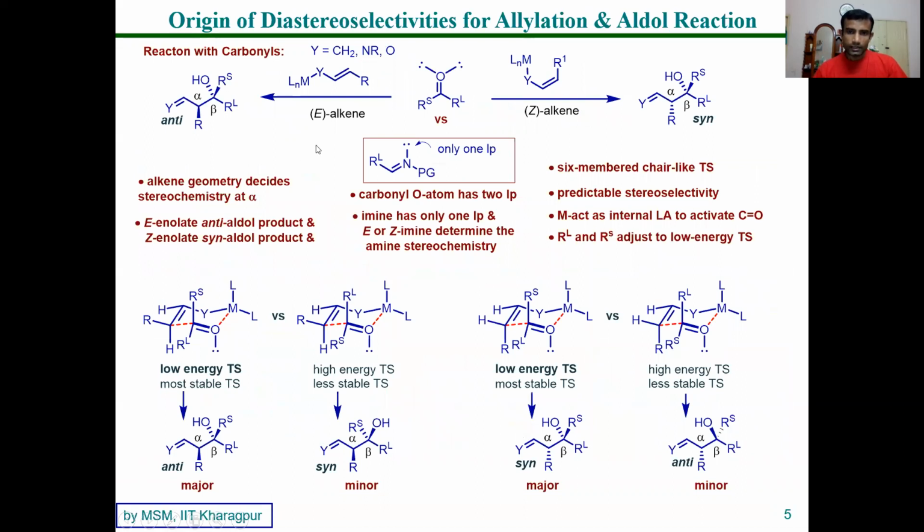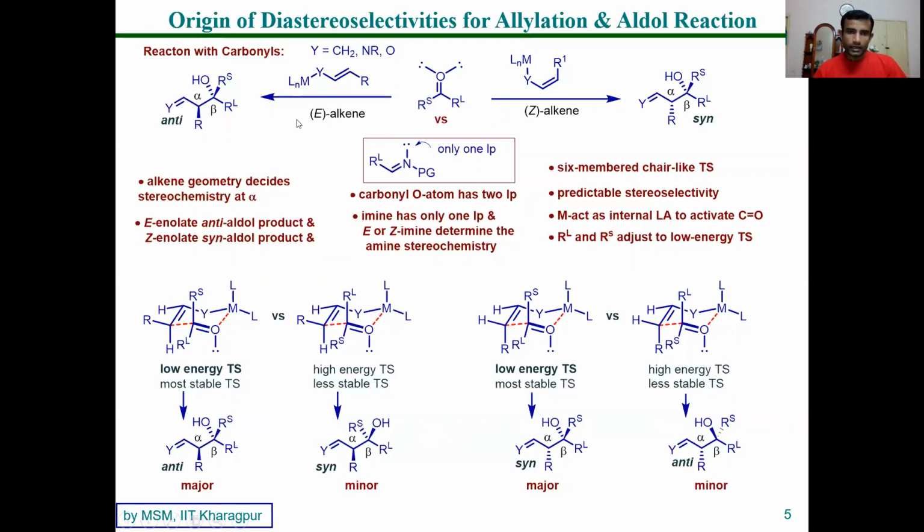So this is again the general reaction. Y can be CH2, N, R, or O, as I discussed earlier. The product you get, you can predict using a transition state model, the famous Zimmerman-Traxler model.